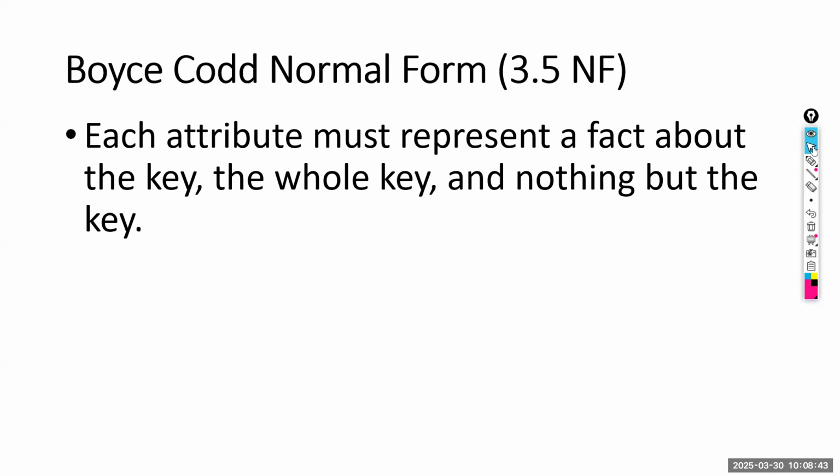Anyway, we'll do 3.5 normal form. This is something we need to check only in very specific situations, which is why most of the time you don't need to worry about it. So what does Boyce-Codd normal form say? Each attribute must represent a fact about the key, the whole key, and nothing but the key.